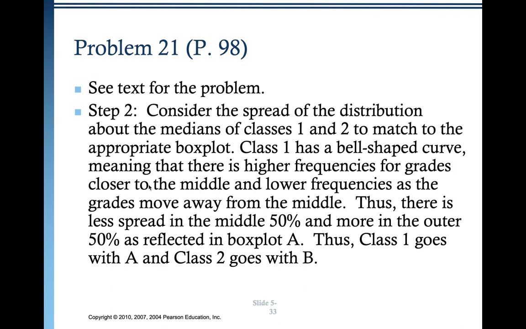Thus, there is less spread in the middle 50%, it's more highly concentrated, and more spread in the outer 50%. The values are more spread out in the whiskers. So that is reflected in box plot A. So Class 1 goes with A, and by process of elimination, Class 2 goes with B.